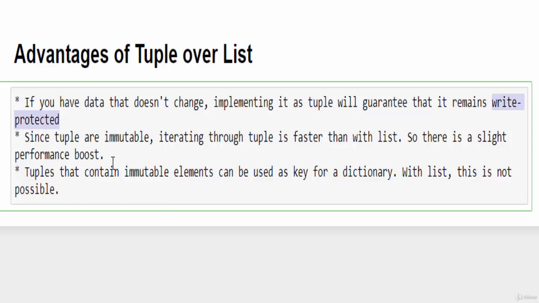Then one more important interview note, since tuples are immutable, iterating over a tuple is faster than with a list. Then the third advantage is that tuples that contain immutable elements can be used as keys for a dictionary. We can use the dictionary concept with tuples, but with a list this is not possible. That's about the advantages of tuples over the list.